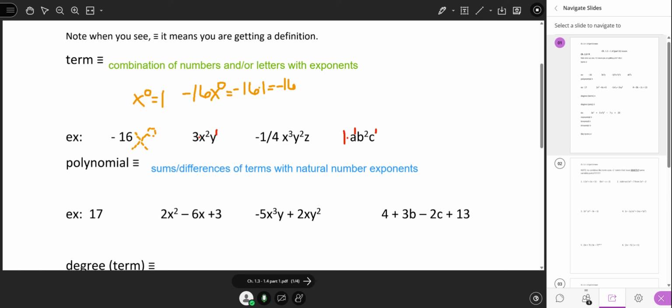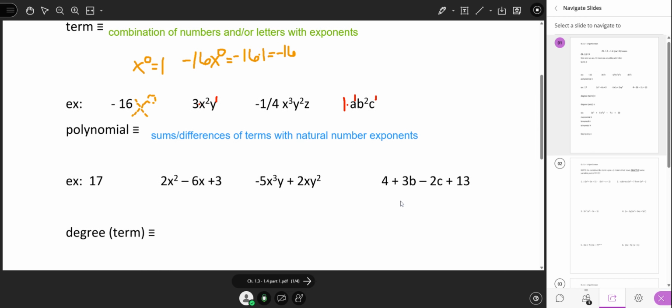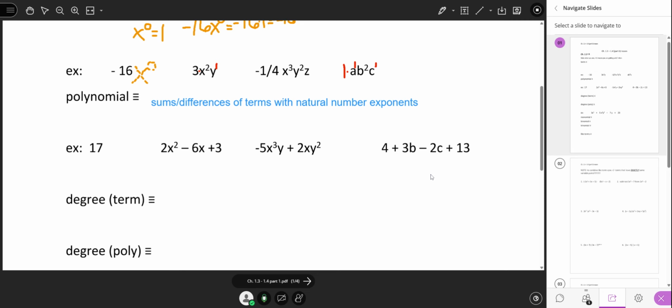So some examples of polynomials would be 17, 2x squared minus 6x plus 3, -5x cubed y plus 2x y squared, 4 plus 3b minus 2c plus 13, and those examples could go on and on and on.